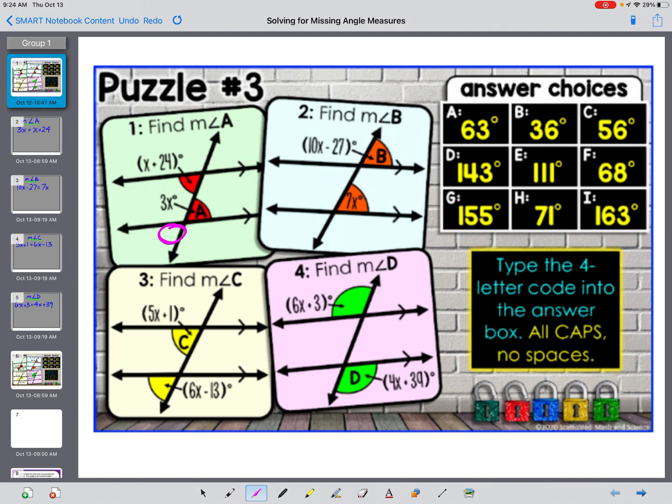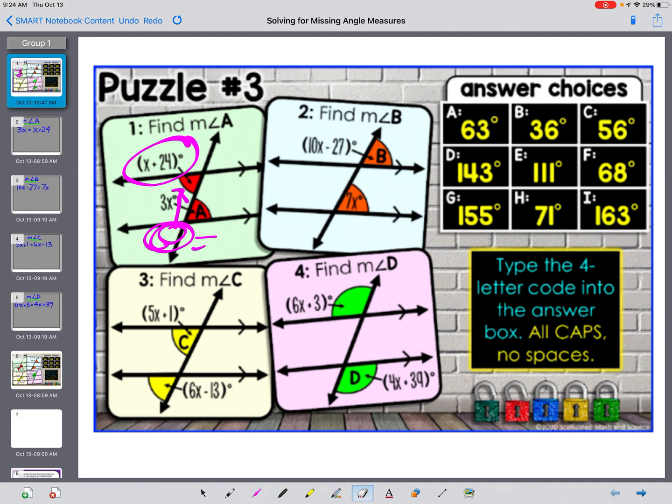And so that means that angle A would be equal to this angle, and this angle is corresponding to the x plus 24 angle, which means those angles are also equal, okay?